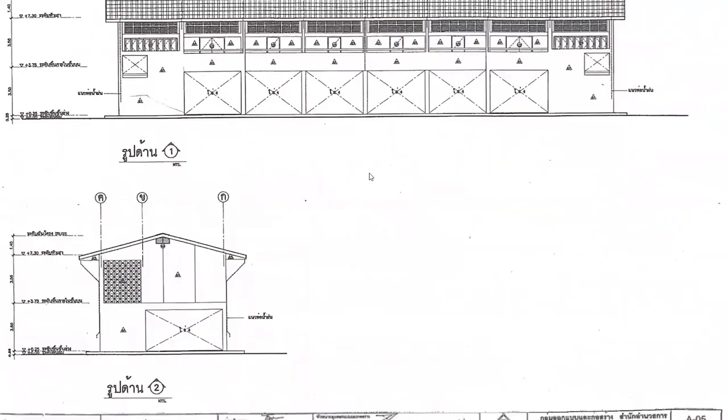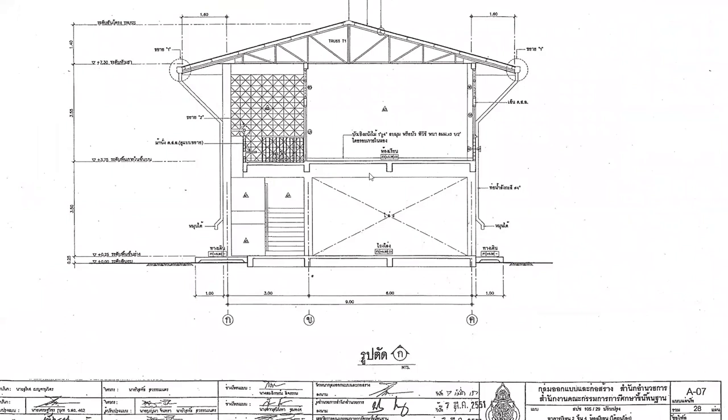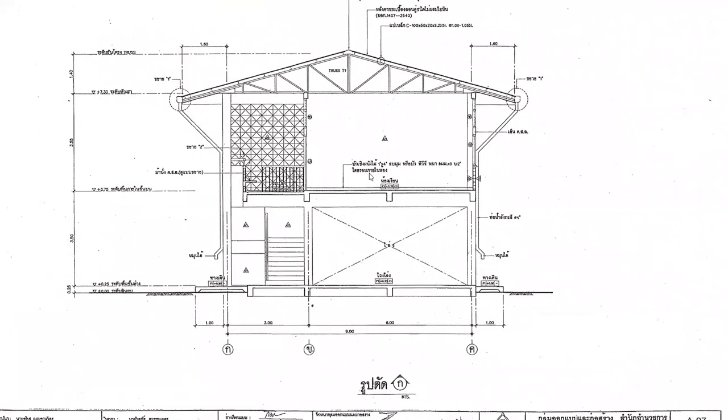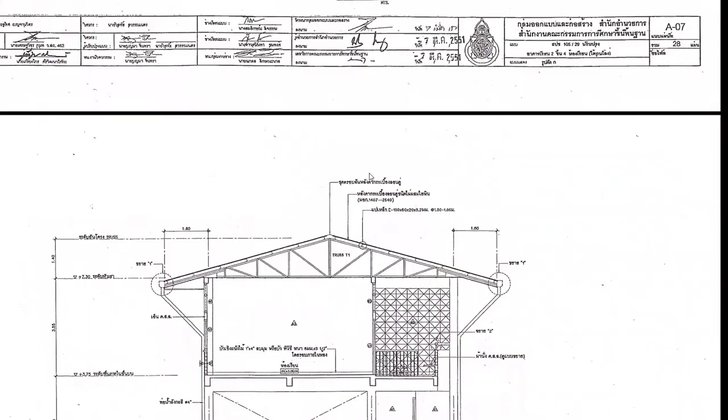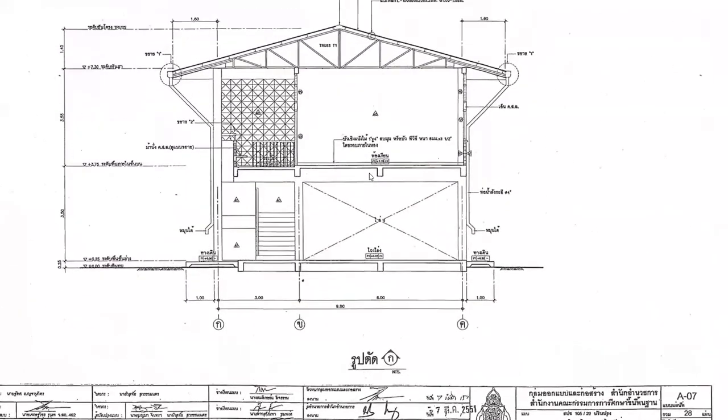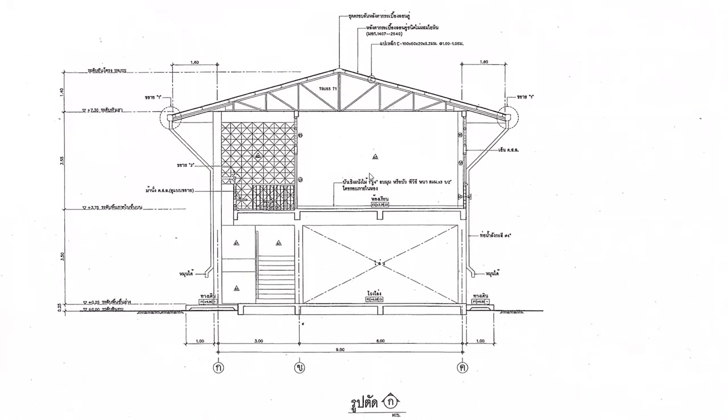So when you see these drawings here, it shows the columns, but because the direction of this section doesn't reveal the corridor, you don't really see the fact that you don't have columns at the corridor area. Are you with me?